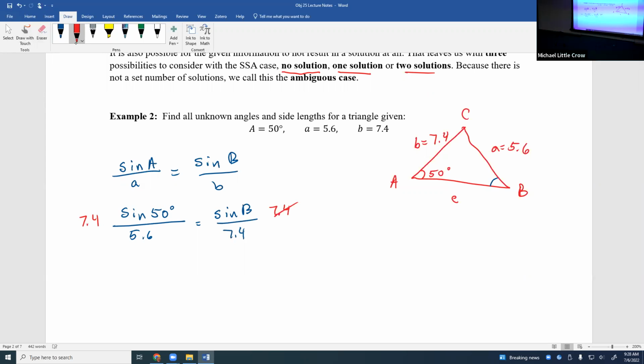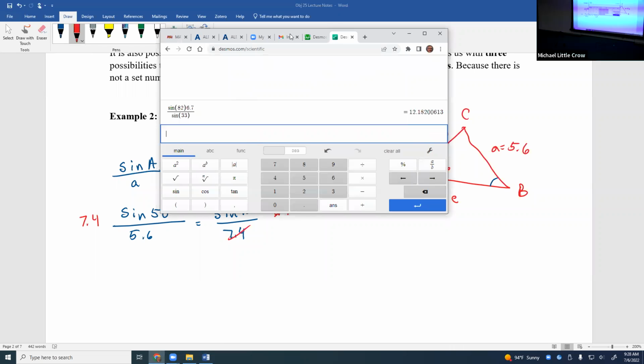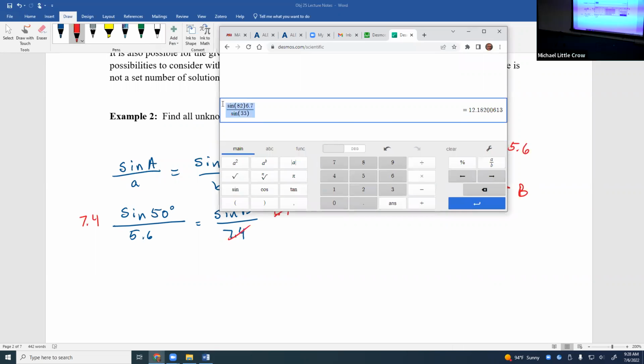So that we'll have the sine of b. Now notice this is not going to be our answer, but then we'll have to take the inverse sine. So we go ahead and multiply this out. 7.4 times sine of 50 degrees divided by 5.6.